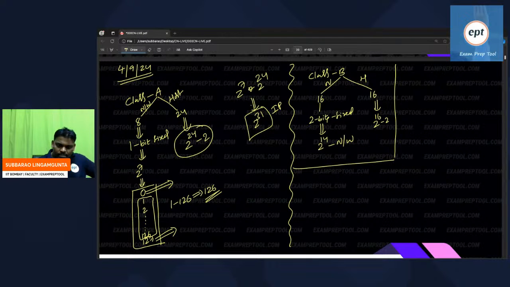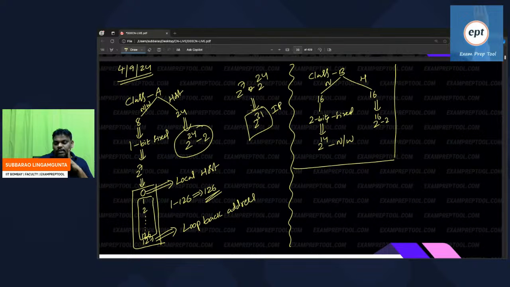Some people are asking, sir, you are saying these 2 networks are for special purpose, what purpose? They have given names also. Network 0 is local host.